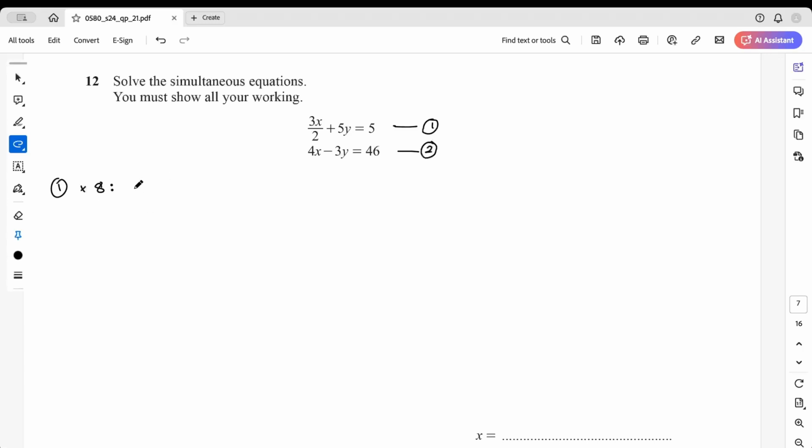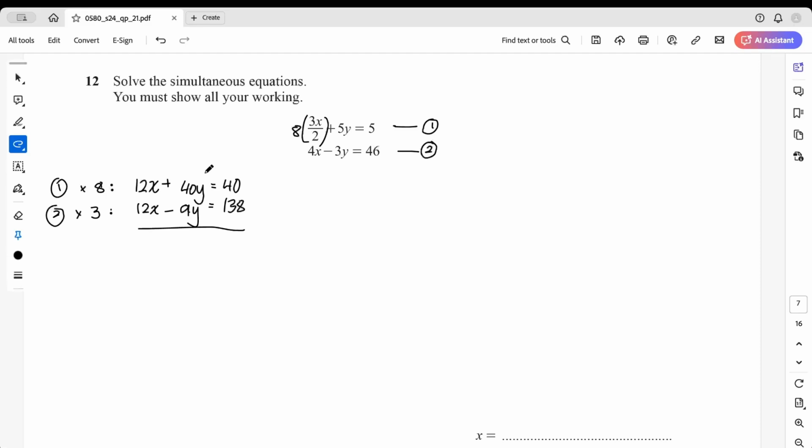So this gets me 8 times this, which is just 12x, plus 8 times 5, 40y, equals 40. Then for equation number 2, I'm going to multiply this by 3 to get me 12x minus 9y equals 138. Now I have the same x coefficient.